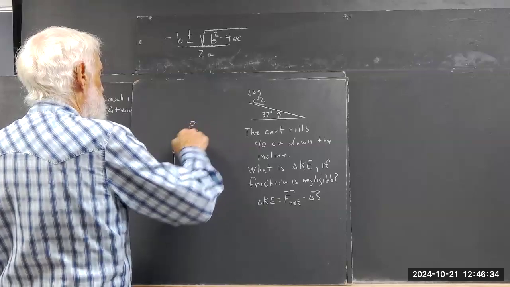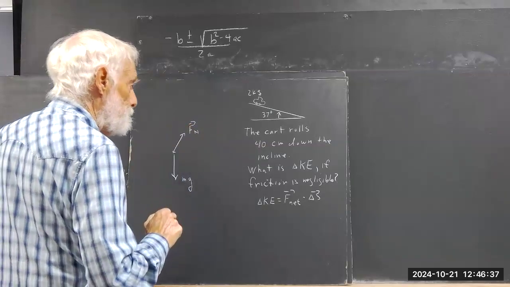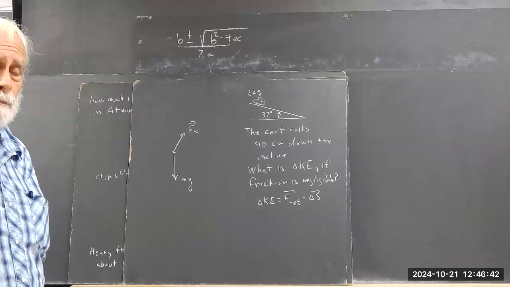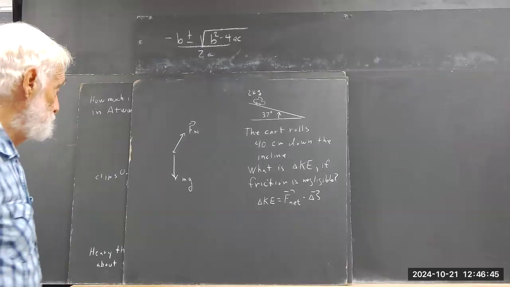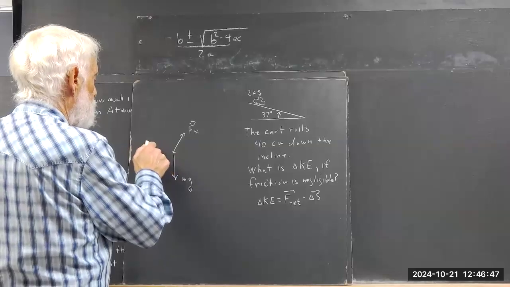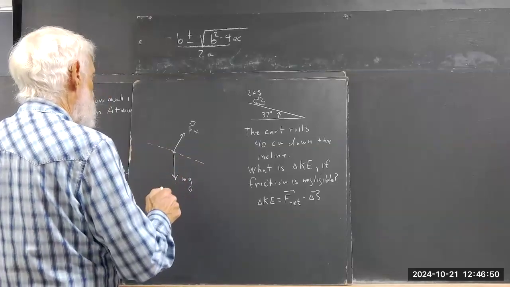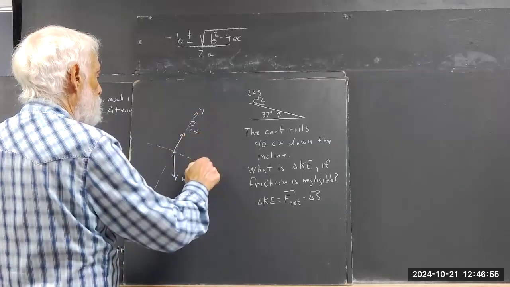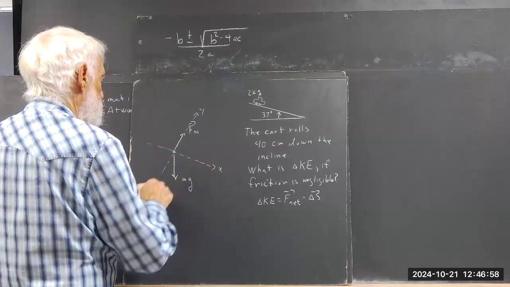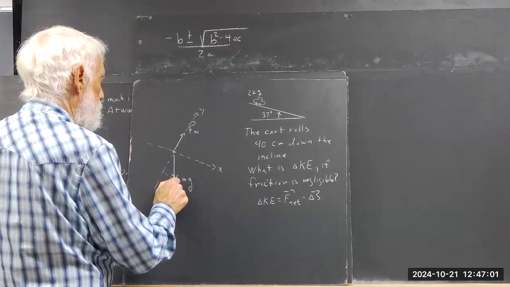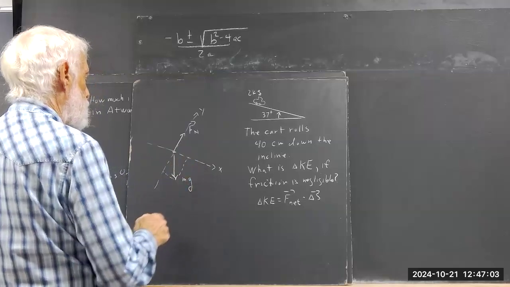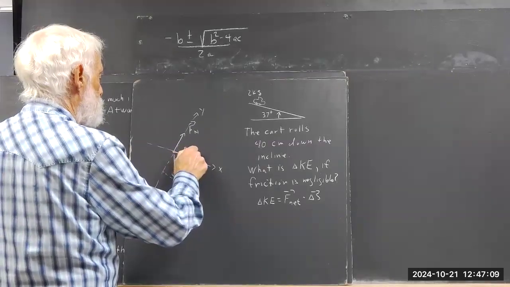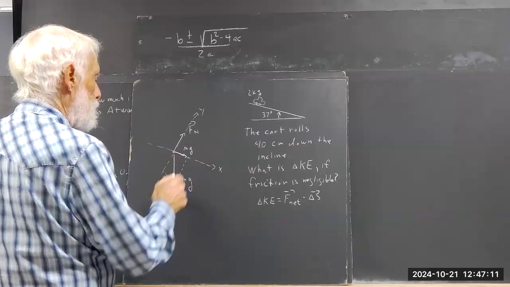You're going to have your normal force, which I'll just abbreviate F sub n. Are there any other forces? No. So if you put your y-axis here and your x-axis here, this force resolves into mg times what?